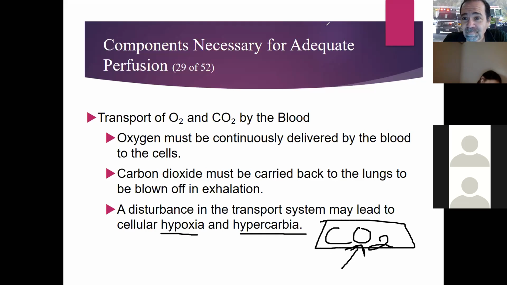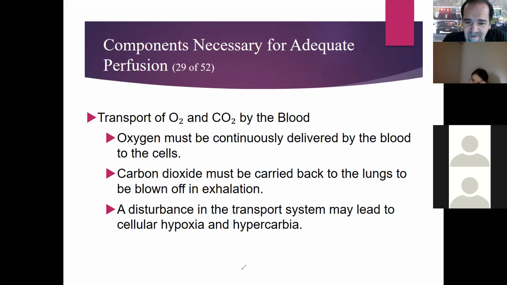And normally, and I want you to think about this, normally we have that seesaw effect. So let's say we draw a seesaw right here. Okay. So you have high amounts of O2, the amounts of CO2 are going to be low.